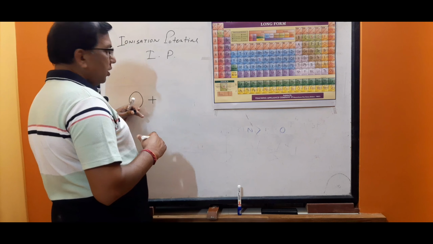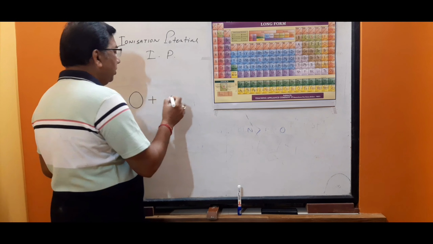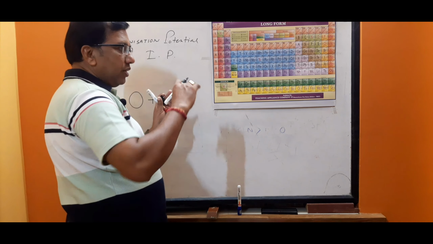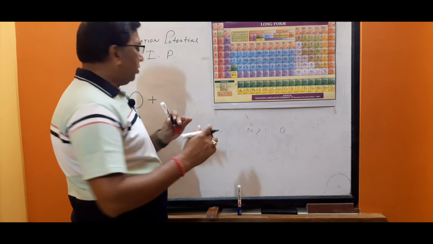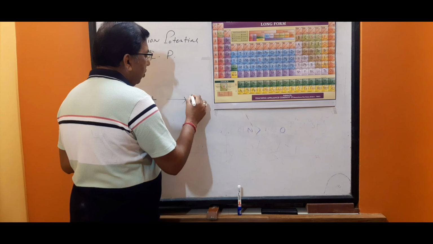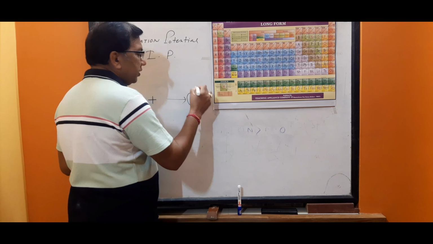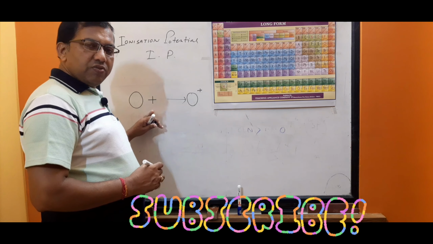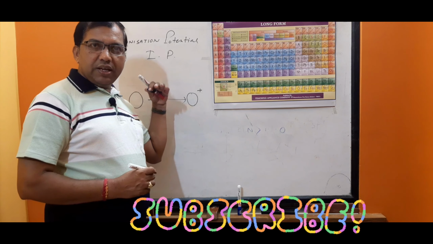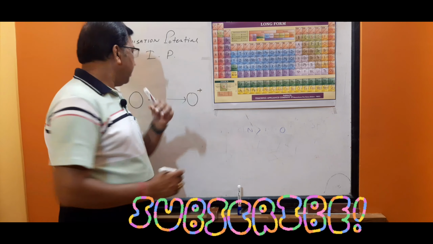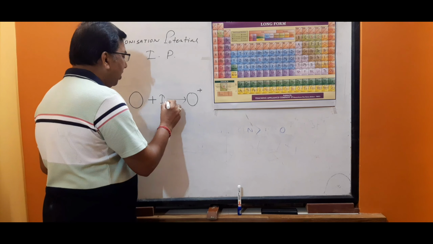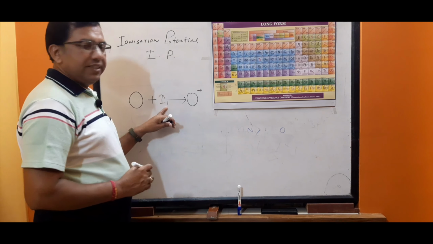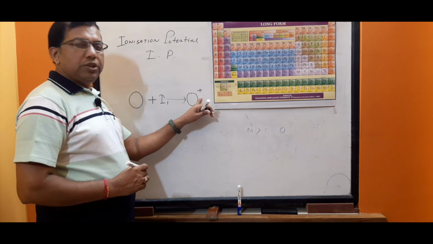If oxygen loses an electron, it will form O plus. That means in case of oxygen you have to give energy, the first ionization potential energy. So it becomes a positive ion.